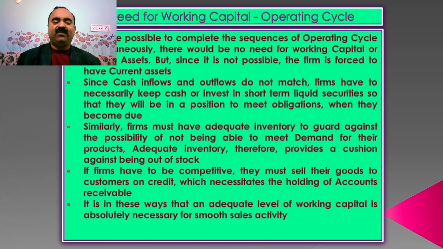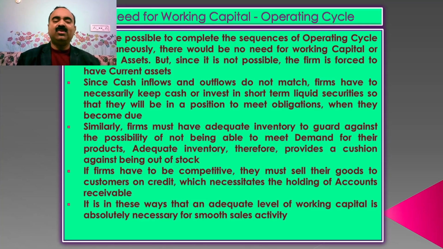Similarly, firms must have adequate inventory to guard against the possibilities of not being able to meet demand for their products. Adequate inventory, therefore, provides a cushion against being out of stock.